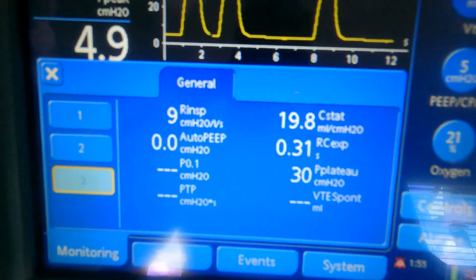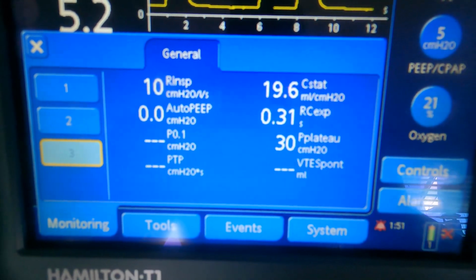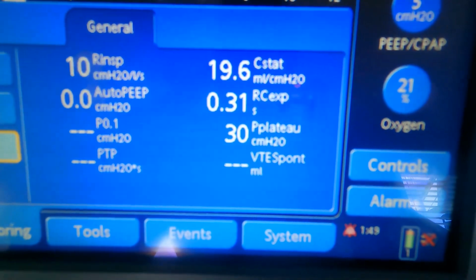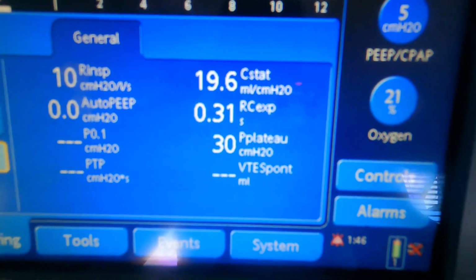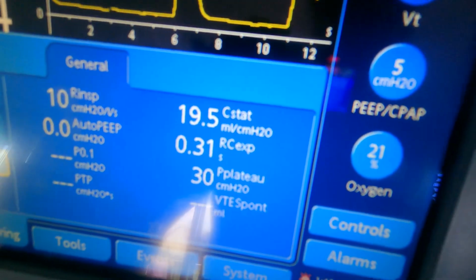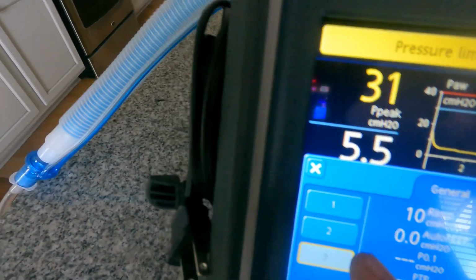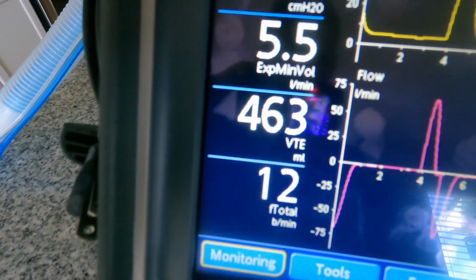So once we start ventilating our patient, per our protocols, we need to get a P-plat. So in order to get a P-plat, we're going to take that C-stat, which is 19.5, and we are going to divide our expiratory volume.